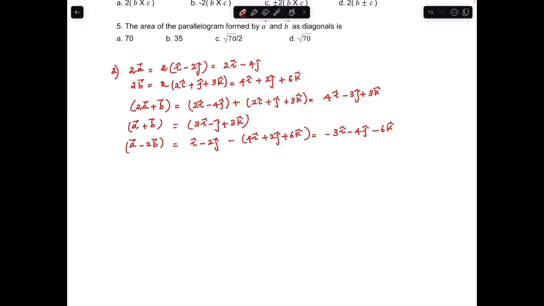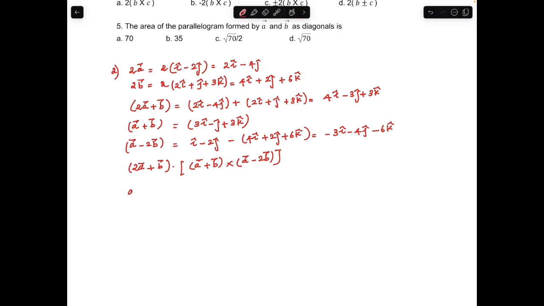The expression that we have to calculate is 2A plus B into A plus B cross A minus 2B.